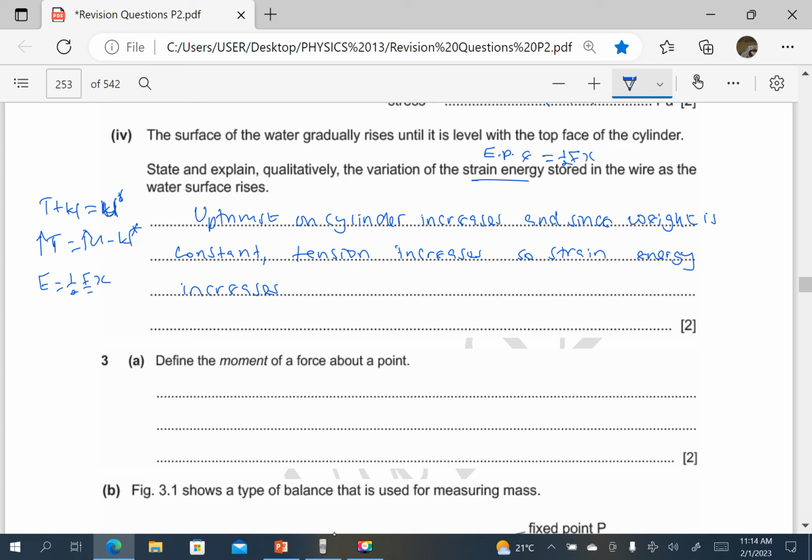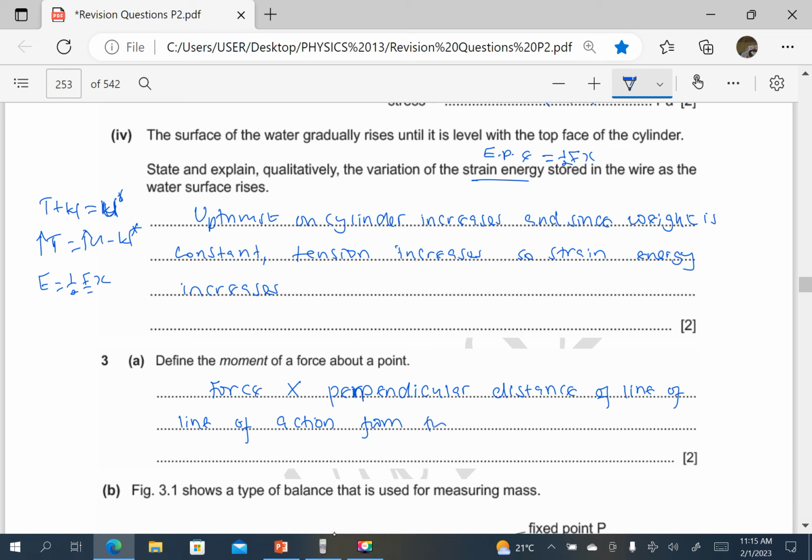Define the moment of a force about a point. We know that moment of a force is the product of the force and the perpendicular distance of the line of action from the point, or from the pivot.